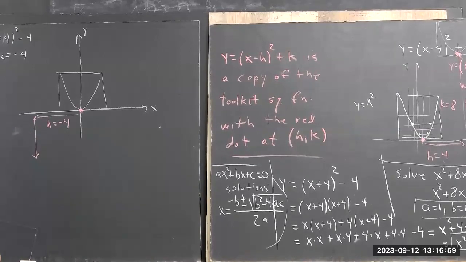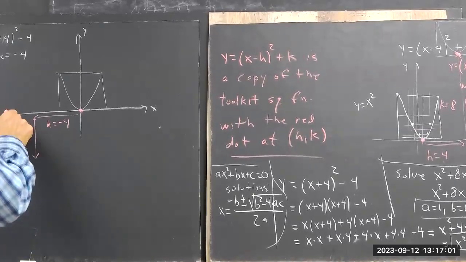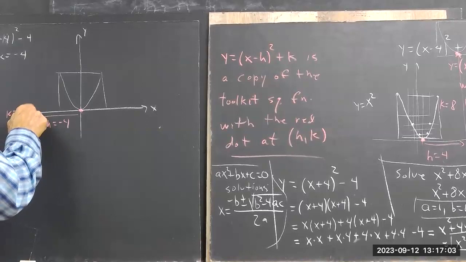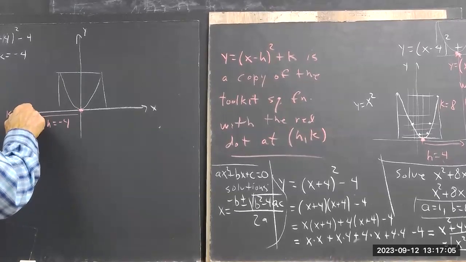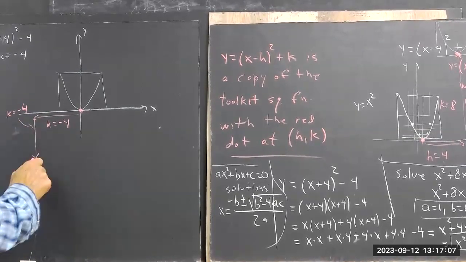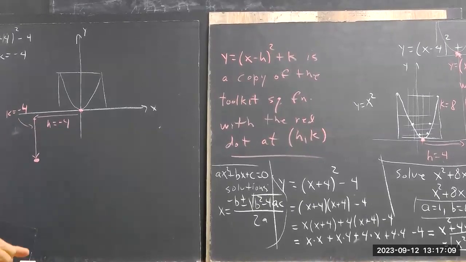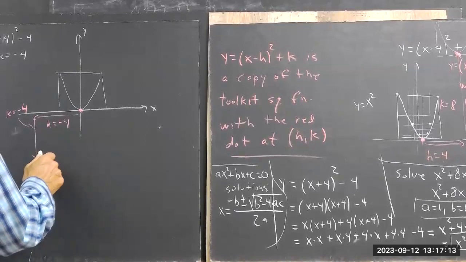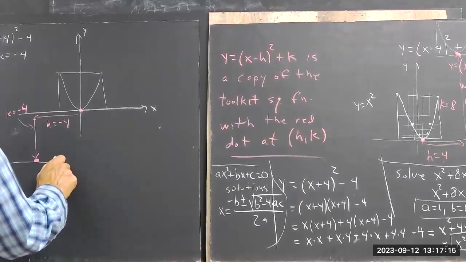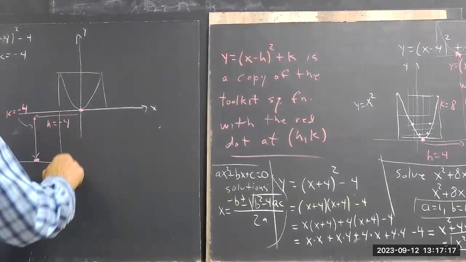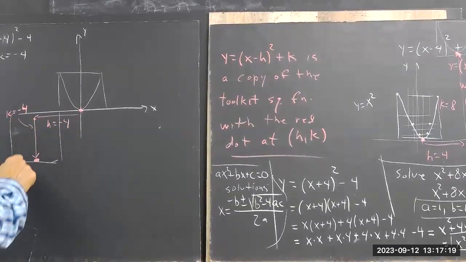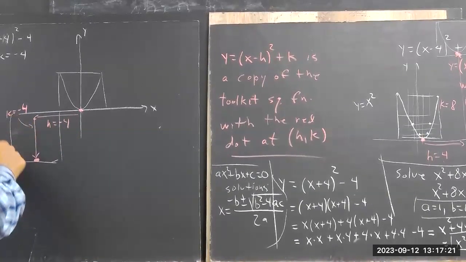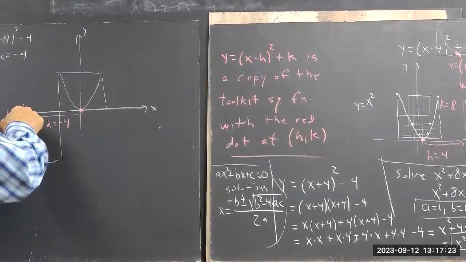I don't have a good place to label that, but I'm saying K is -4. So the red dot goes here. And now I make my 4x4 rectangle, which will be here, and I put my parabola into it.